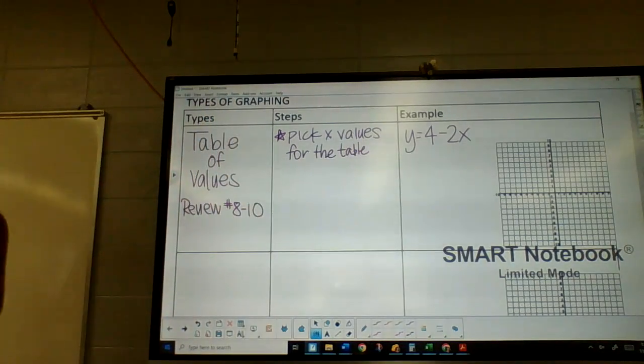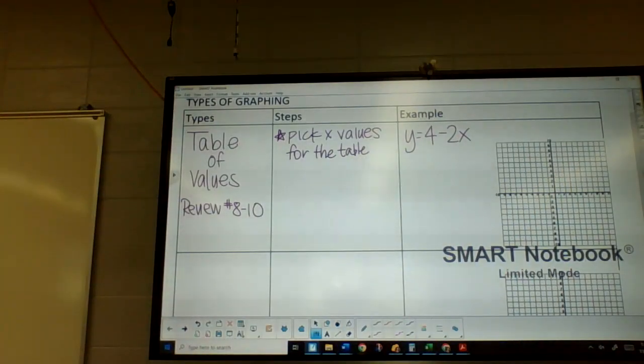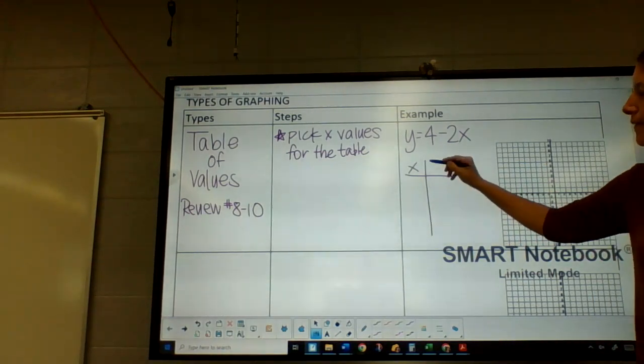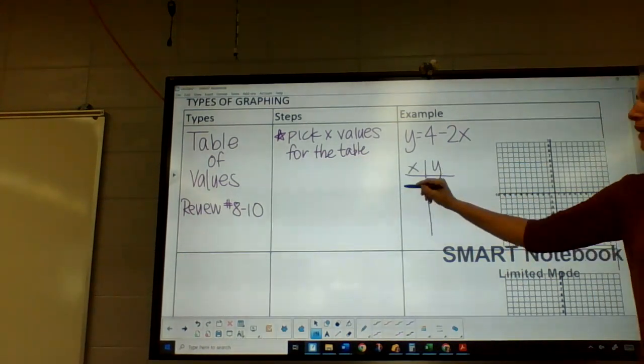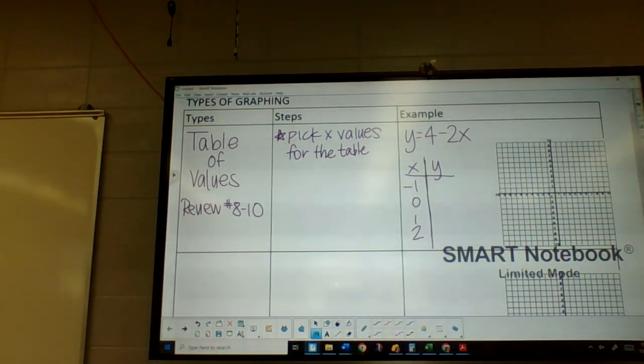On the test, I believe I picked the x values for you, so it makes it easier for me to grade than if you're all picking your own. We're going to pick the x values for our table, and then we have to find y. I'm going to pick these 4 for right now.